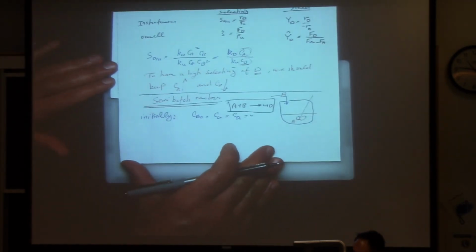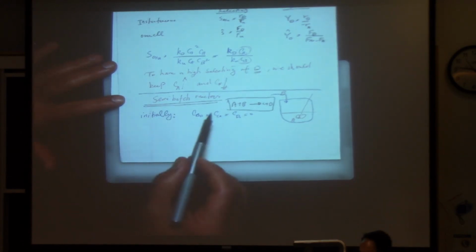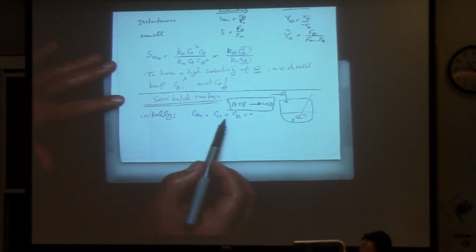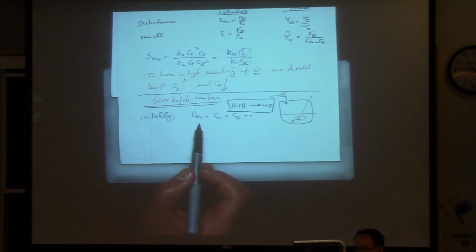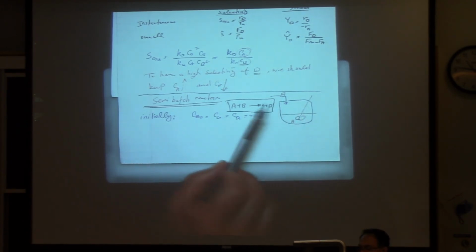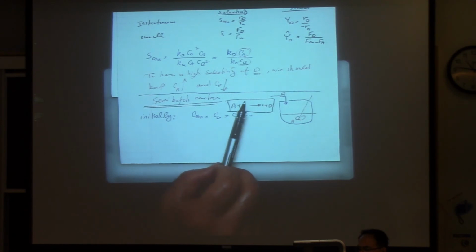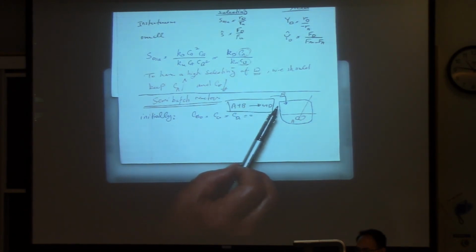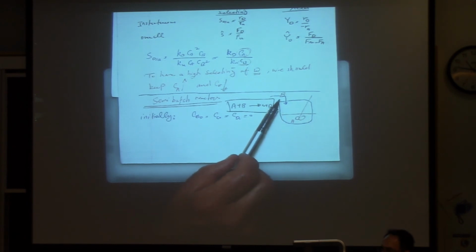We are going to do a mass balance on every single reactant and product: A, B, C, and D. The difference for this semi-batch reactor is that, similar to the membrane reactor, you have one component that is added by a transport phenomenon.